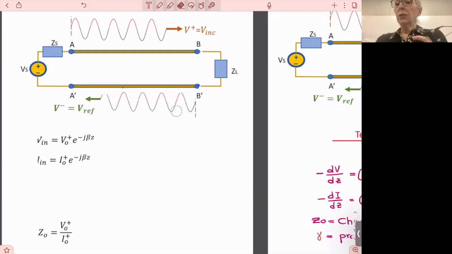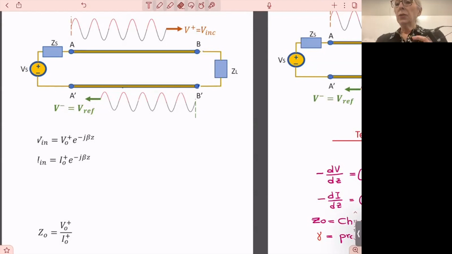So when the line is terminated and is not matched or infinite, the incident wave reflects off the load and creates this wave, which you're going to indicate either as B reflected or as B minus. A lot of times we do that to avoid too many letters here.